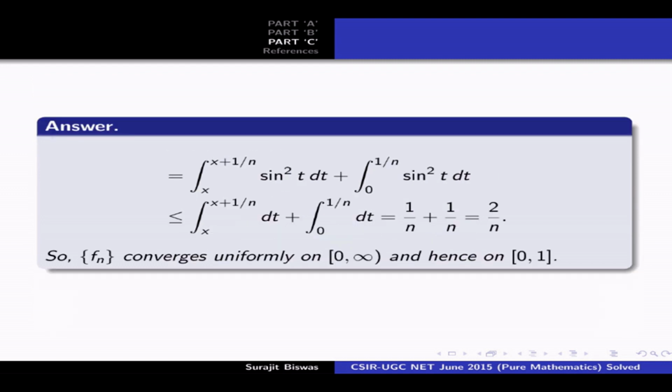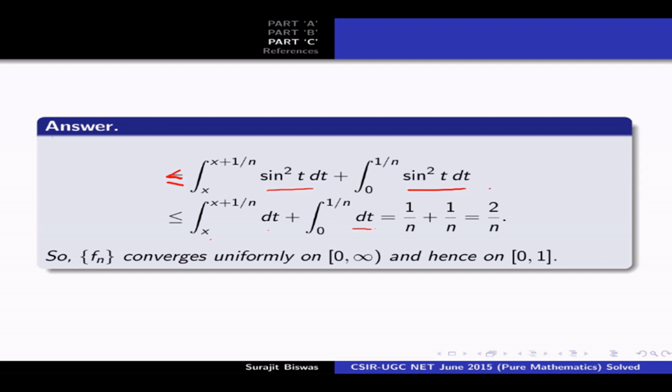Now this is equal to, sorry, what happened? It is not equal. Sorry, this is not equal. This would be less than or equal to integration x to x plus 1 by n of sine square t dt plus this quantity, and sine square is less than or equal to 1.